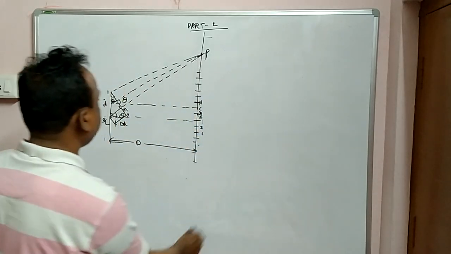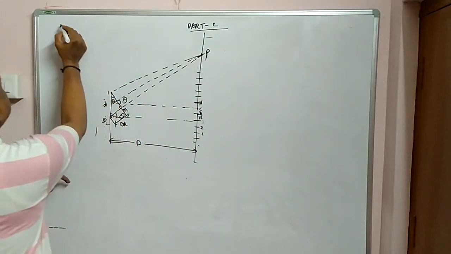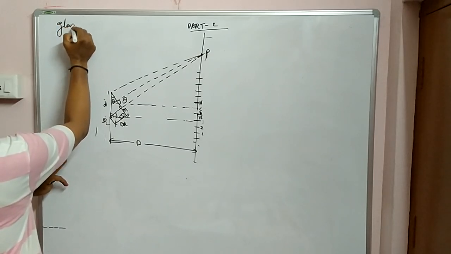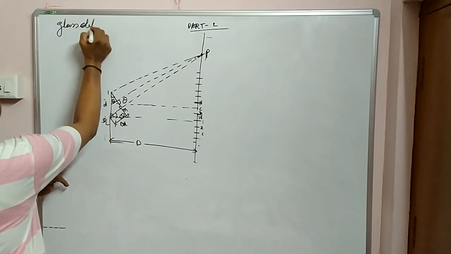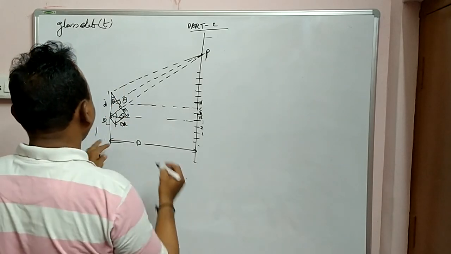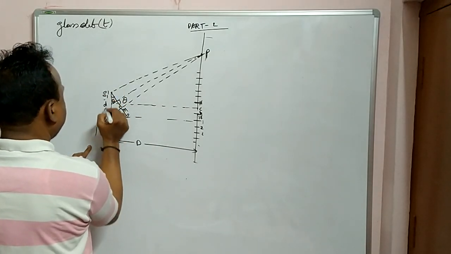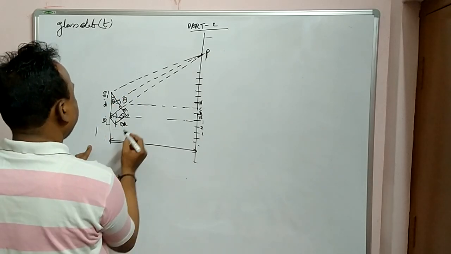Now the question is, suppose a glass slab of thickness T is introduced between any one slit. This is slit 1, okay, slit 1.